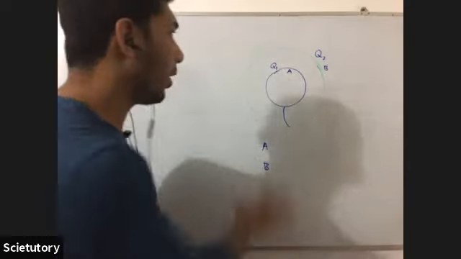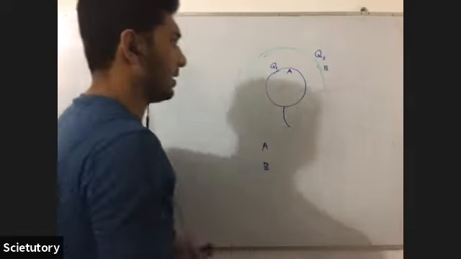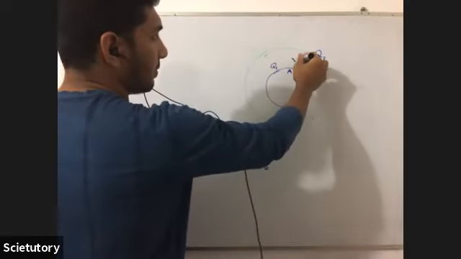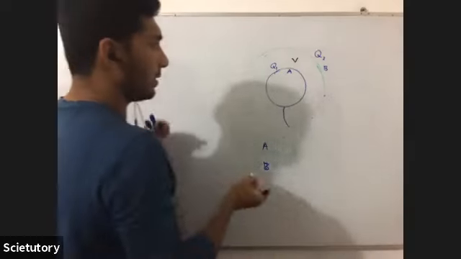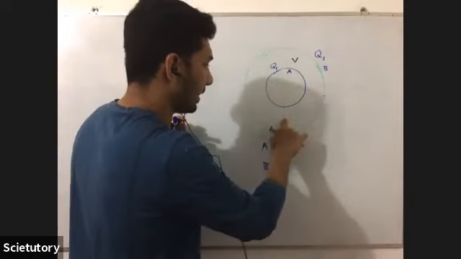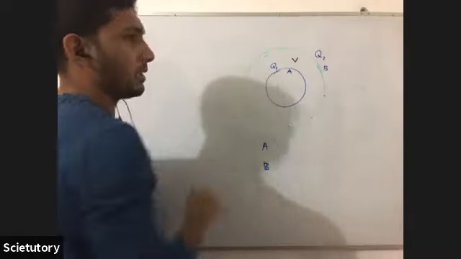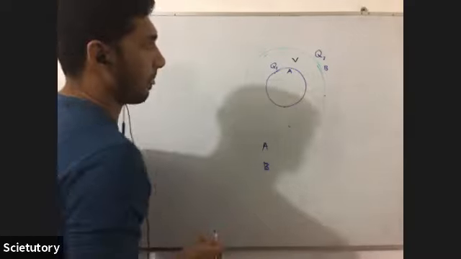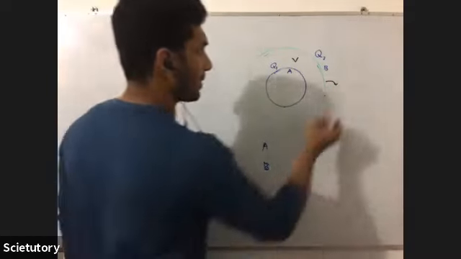The whole volume will have the same potential as the surface. Now before connecting, this had a charge Q1 and this had Q2. So what's the potential on the surface of B?